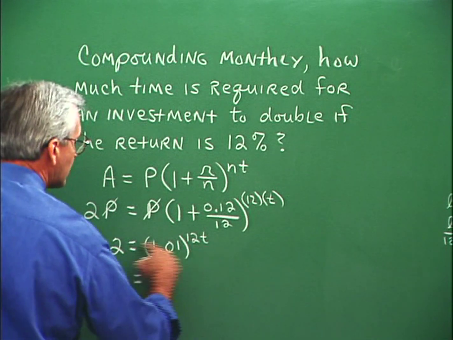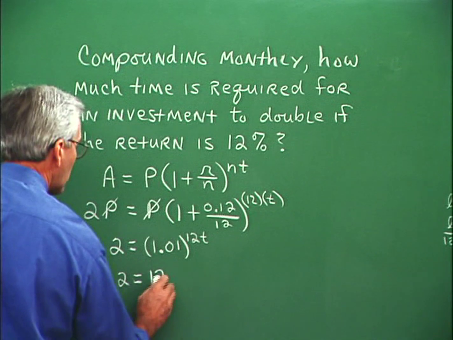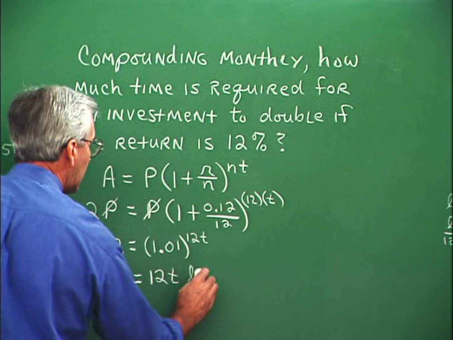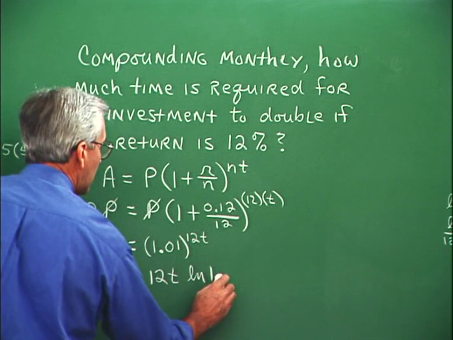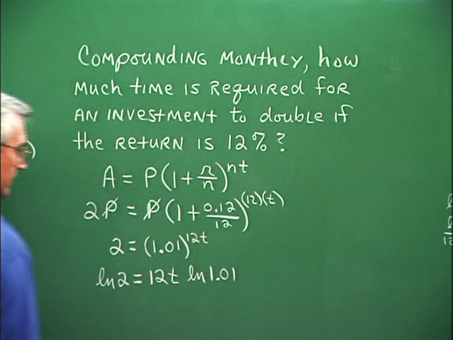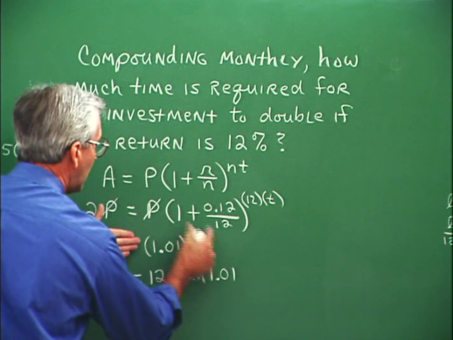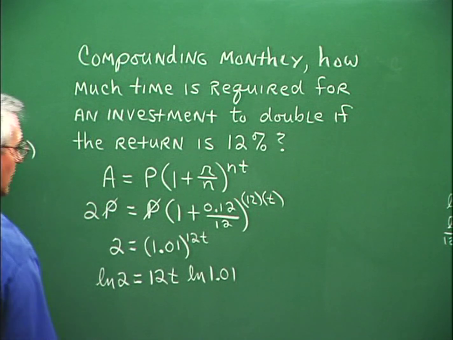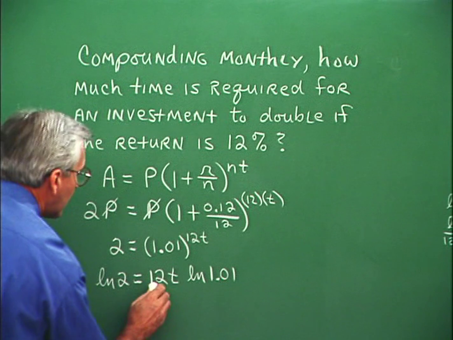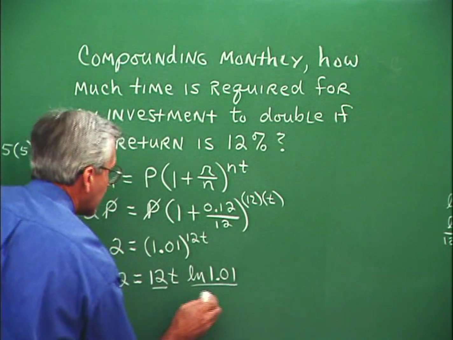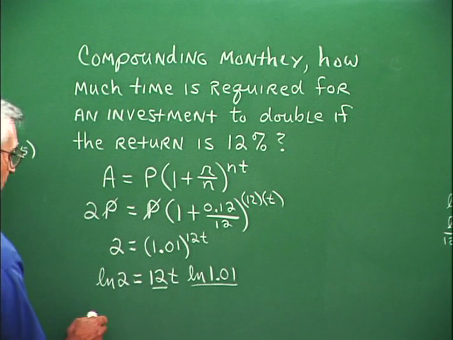Now ln of this side means the 12t will become the coefficient of ln 1.01. Okay, I kind of skipped a step there, but when I put ln of this side, the 12t becomes the coefficient. All right, then the t is over here with this constant and that constant, so we'll divide on both sides by those two constants.